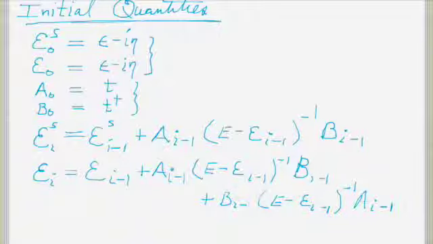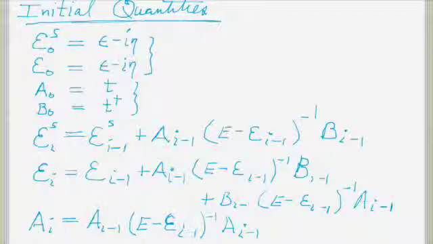So those are the renormalization of my site energies, and then I have to renormalize my coupling hopping elements, and the same thing for the B, just replacing A with B.